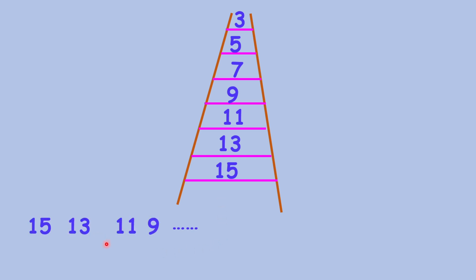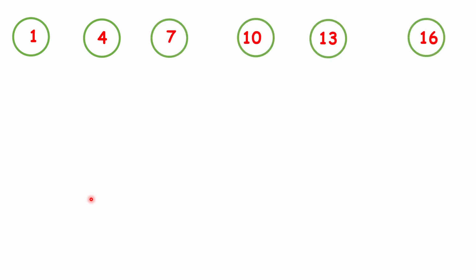Here in this pattern the sequence of numbers is 15, 13, 11, 9. Then what is next to the 9? That means we have to subtract 2 from the 9. We will get 7.